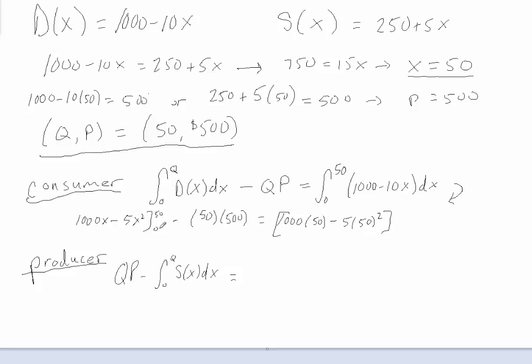And since the evaluation at 0 gives us 1000 times 0 and 5 times 0 squared, we'll just leave that off, minus 25,000 for a total of 12,500. So this is the consumer surplus.